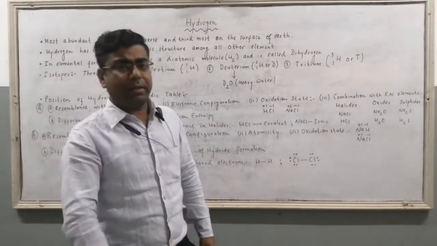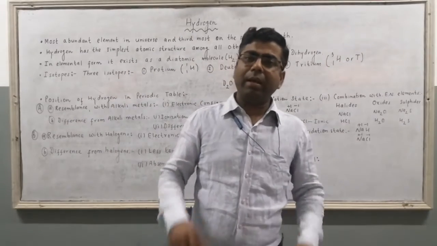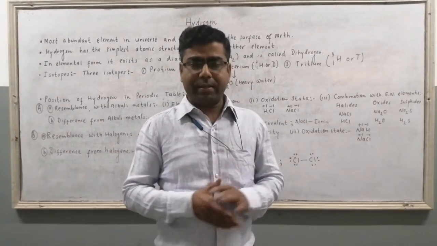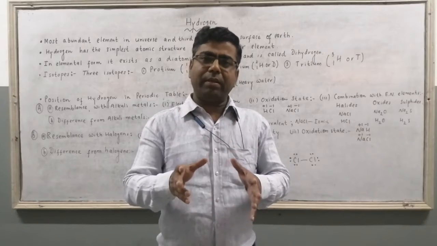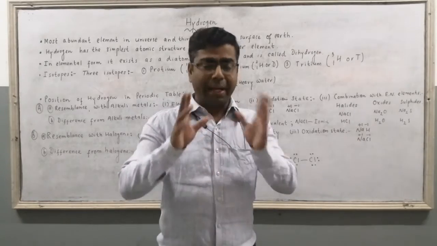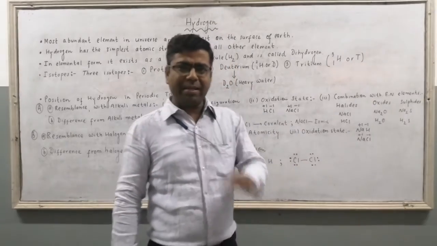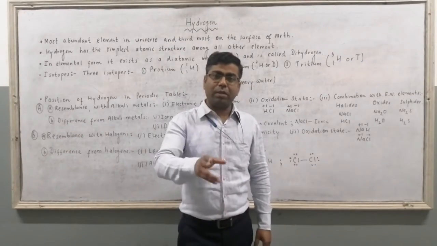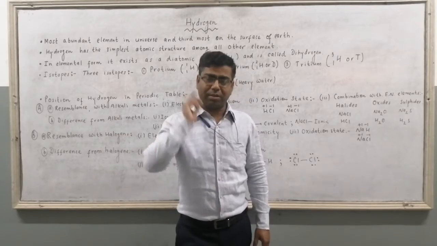When hydrogen combines with a metal, we get metallic hydrides. And if a metallic hydride is there, then in that case hydrogen always exhibits the -1 oxidation state.